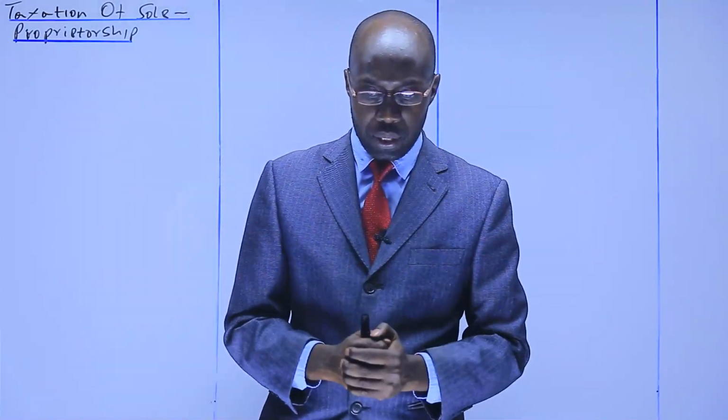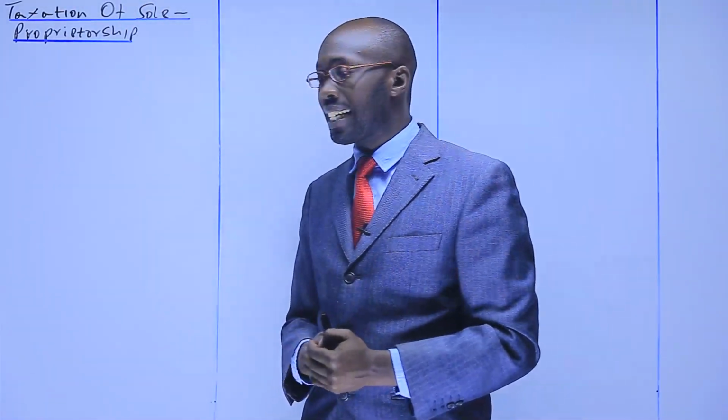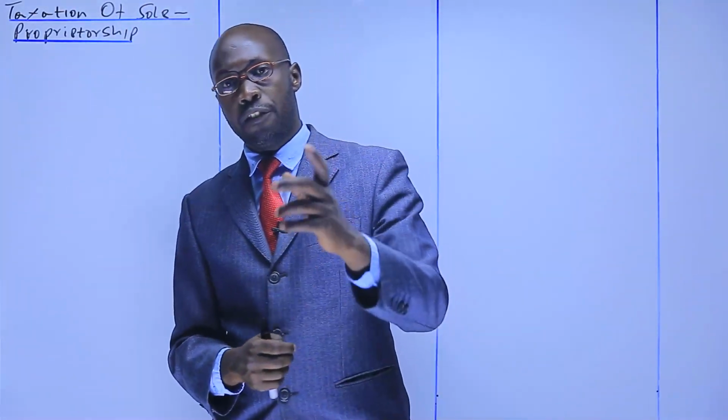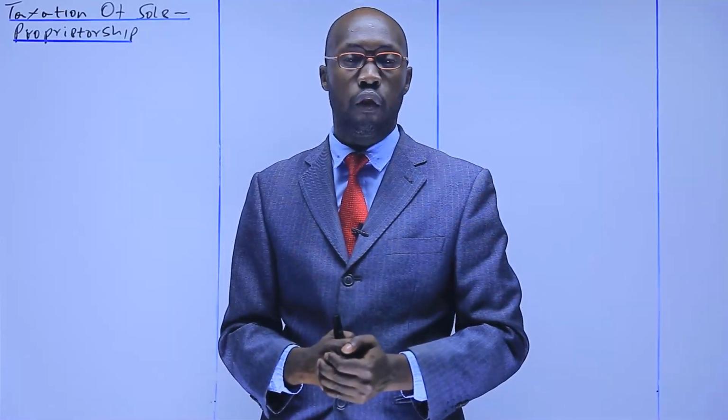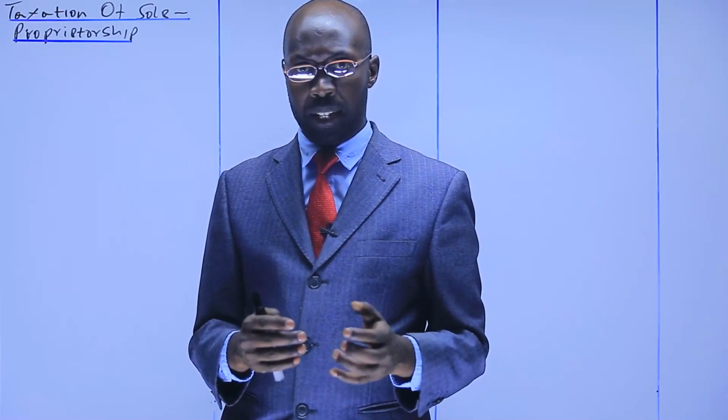So now we start, and as you can see on my board here, we have the taxation of the sole proprietorship, the first form of a business. First of all, we want to define what a sole proprietorship is.